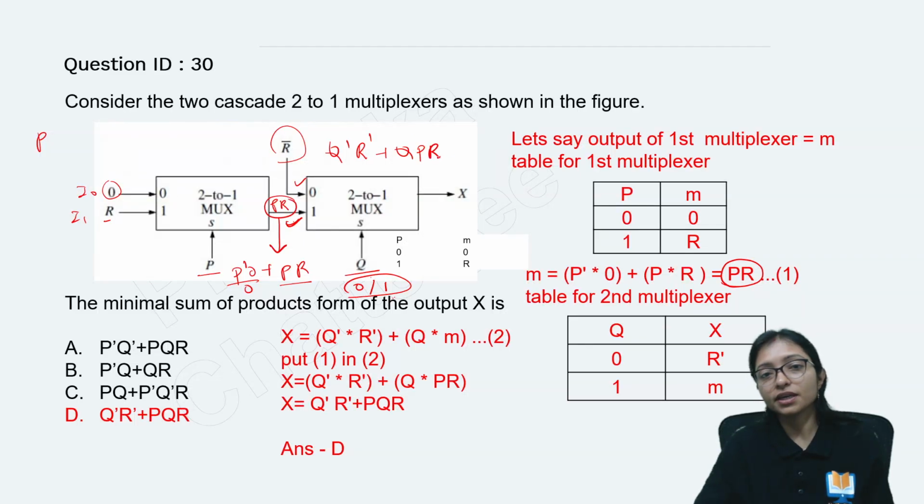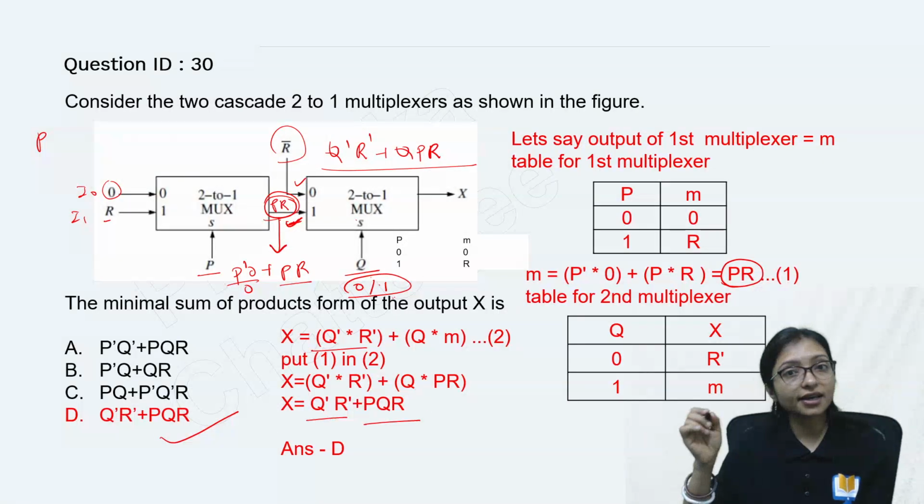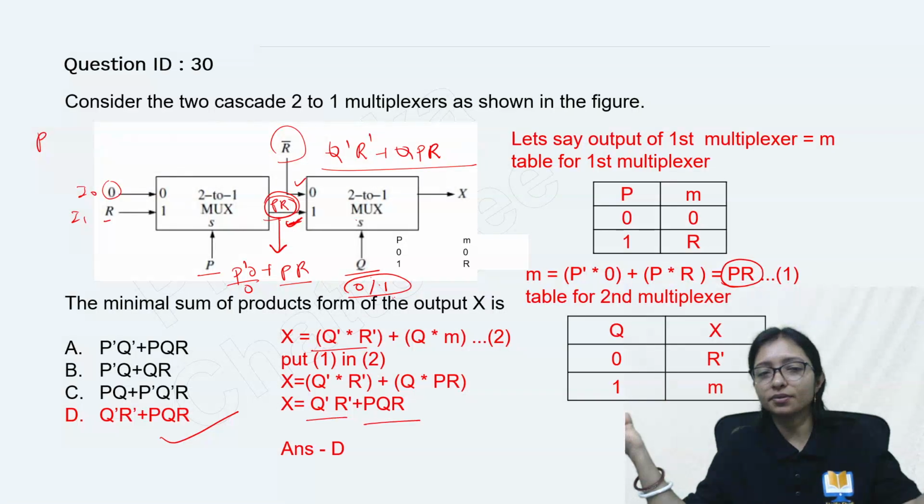So you will get this equation. Q bar R bar plus Q, and when I am getting Q, this equation value is PR. So ultimately I am getting Q bar R bar plus PQR. This is the answer. Yes. Simple, very simple. Just take it easy. Don't make it complicated. Then it will be easy.